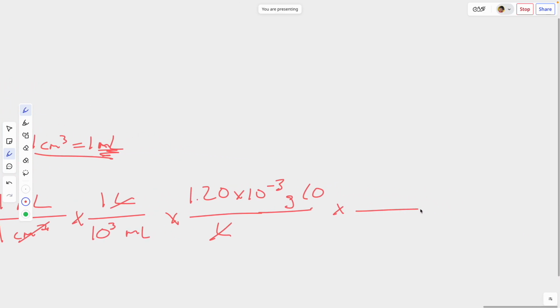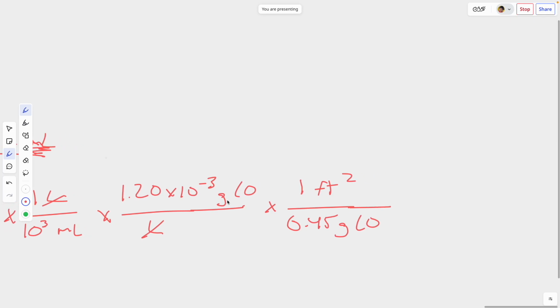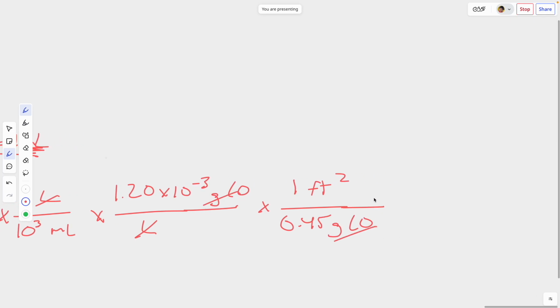So we can put that over here. And then squared foot would go on top. Now we cancel this out. So if we were to stop here, we would get the paneling burnt in feet squared.